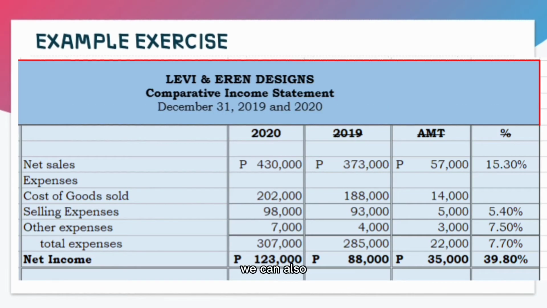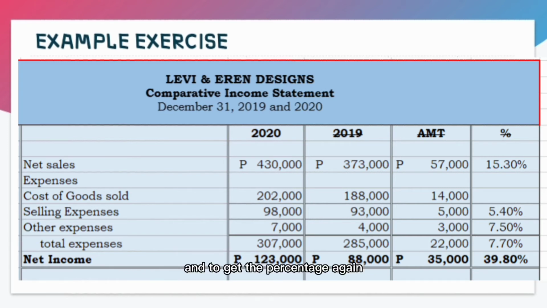We can also analyze our income statement using horizontal analysis. The same process will be done: the amount of the current year minus the amount of the prior year. Then to get the percentage, you divide the change in amount by the prior year to get the percentage change. Take a look at the line item of net income. You will subtract the prior year of 88,000 from year 2020 of 123,000, and you will get a change in amount of 35,000 pesos.